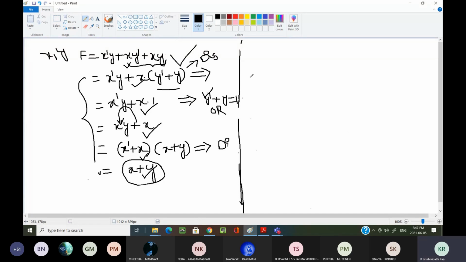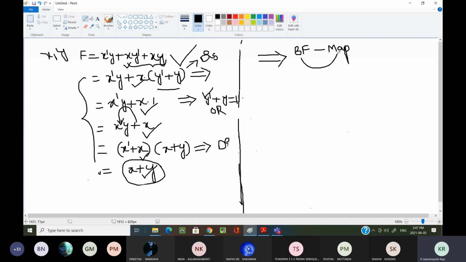Now, one more point we have to remember while simplifying any Boolean function by using the map method.